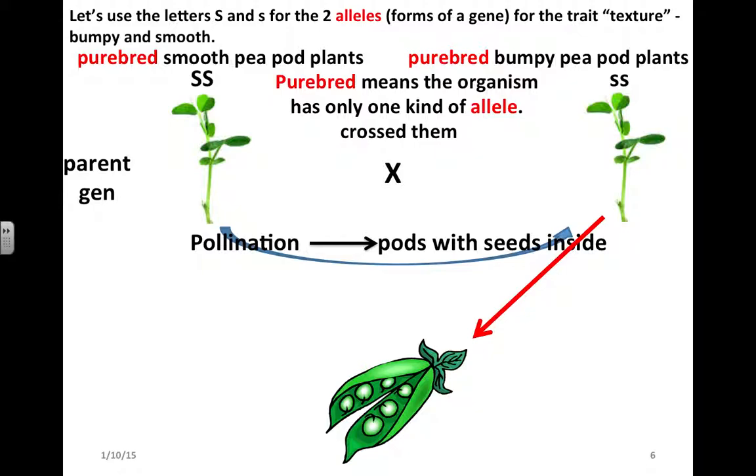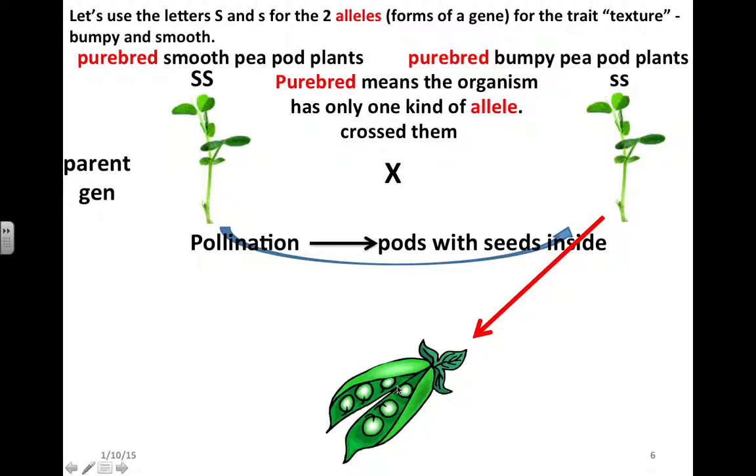When that one grew up and produced its own quote-unquote babies, its own seeds, they were all smooth. Every single pod that this plant, which came from the union of this mommy and daddy, produced ended up being smooth.